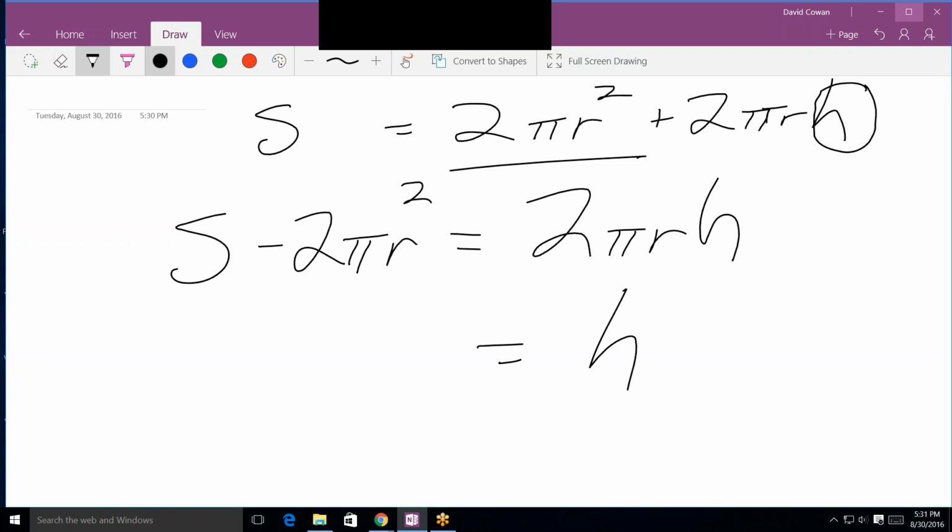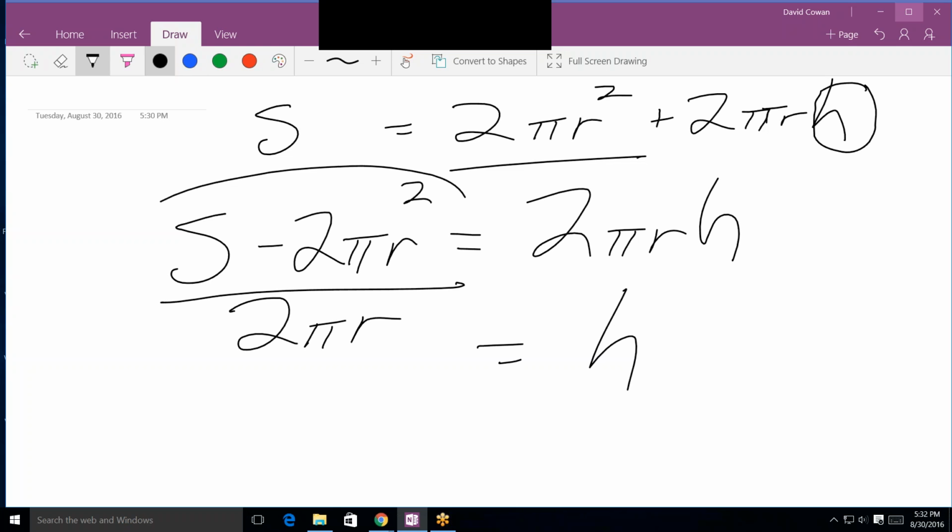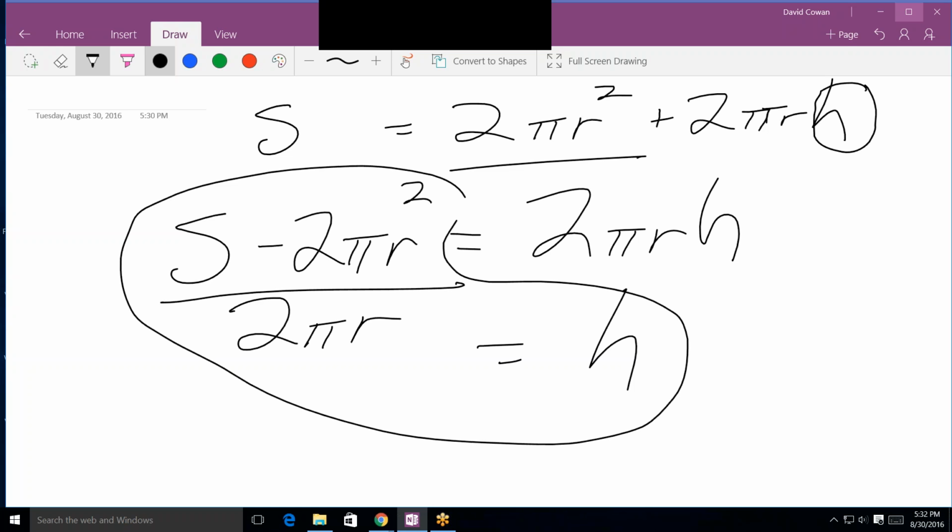And what final step will give me h? Divide both sides by 2 pi r. Right, 2 pi r. So that's equal to h. And it's important to know that when you're solving equations for a variable, you can't have that variable on the other side of the equation.